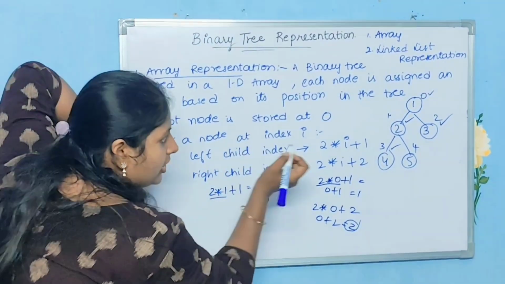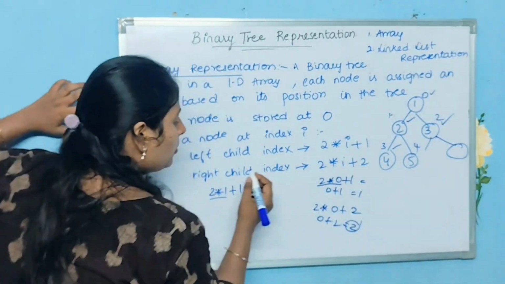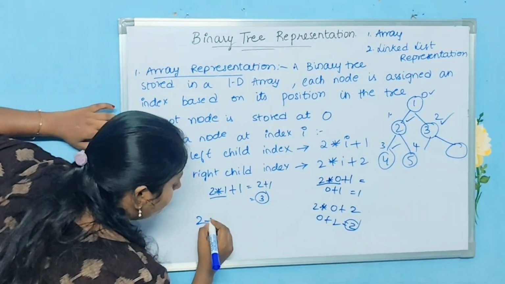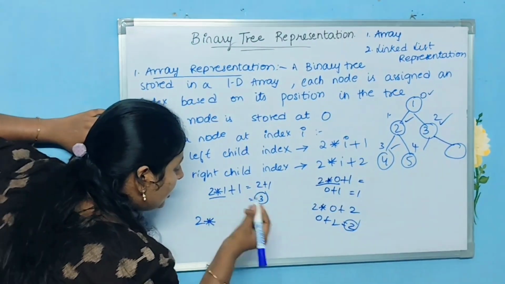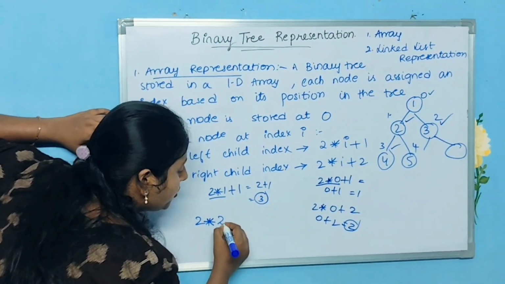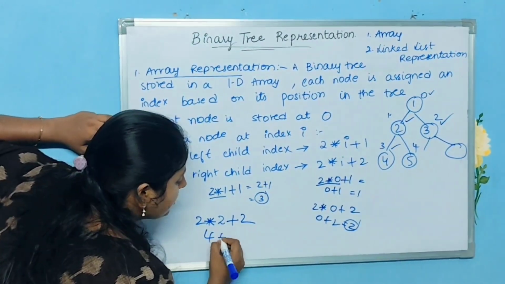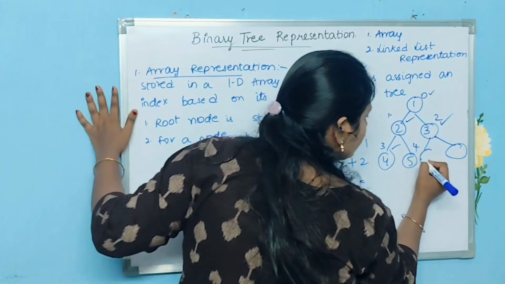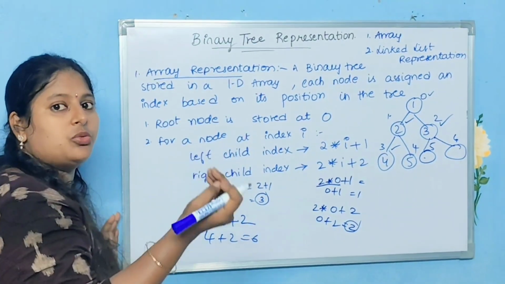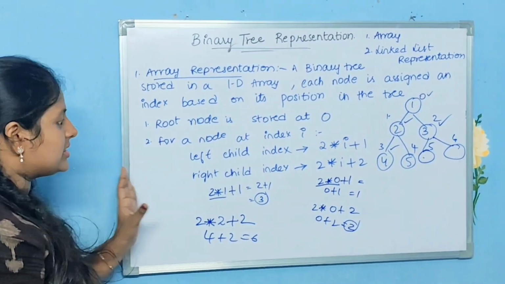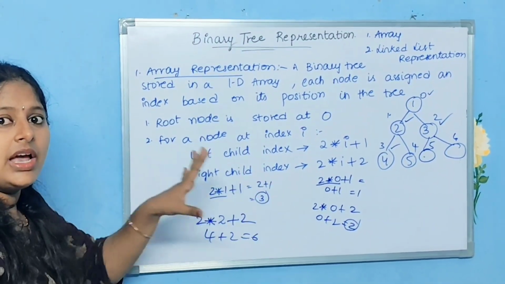What I'll do is 2 into I, where I is the index for which I wanted to find the child, so 2 into 2 plus 2 for the right child. 4 plus 2 is 6. Suppose there is one node here, it would be 5. Suppose there is one node over there, then it would be 6. This is how you represent the indices in an array.